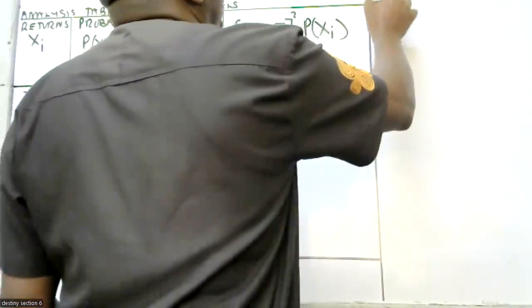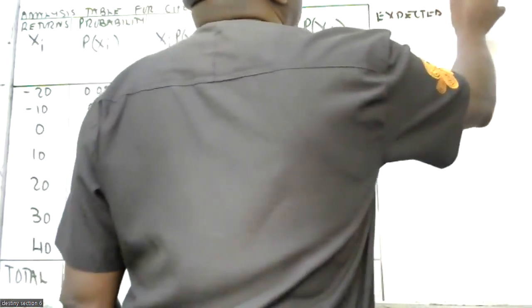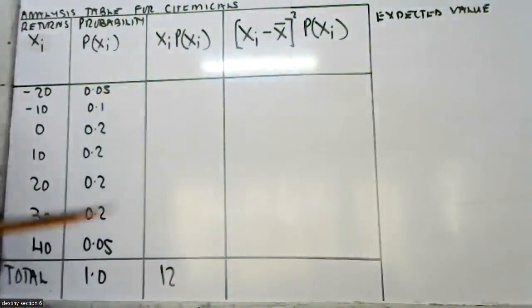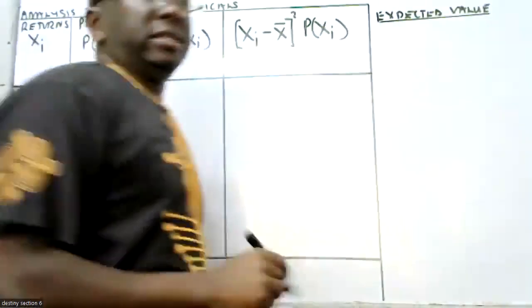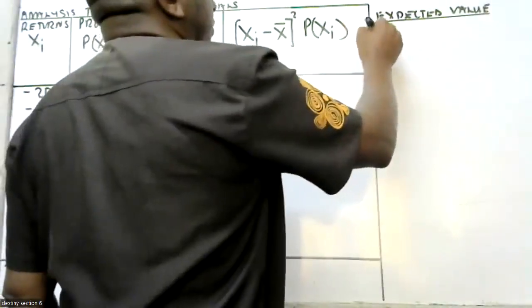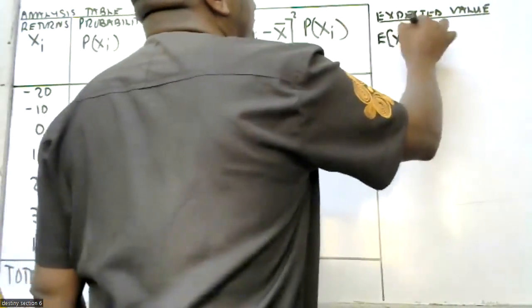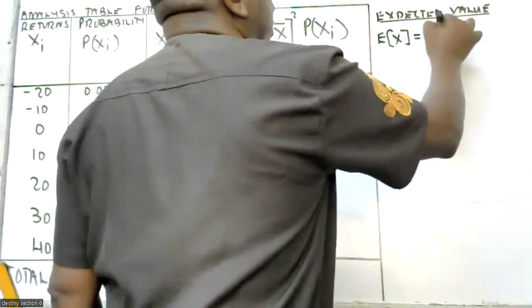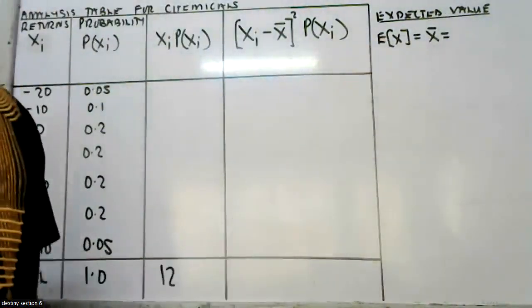Down here becomes expected value. And this expected value is usually written like this. It is expected value of X. And this is what in our descriptive statistics we refer to as the mean, X bar.